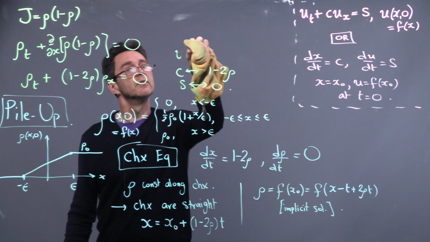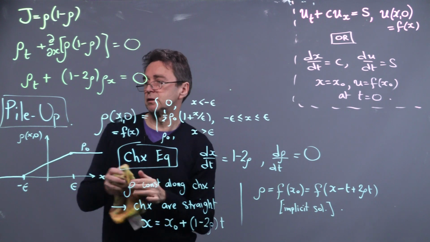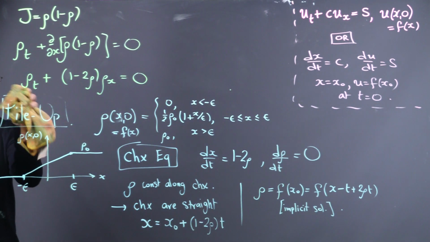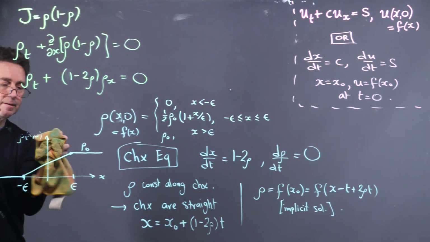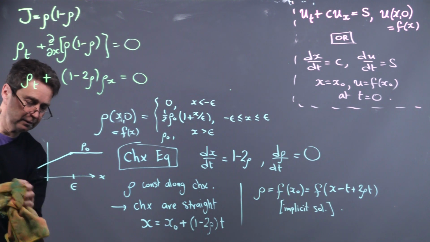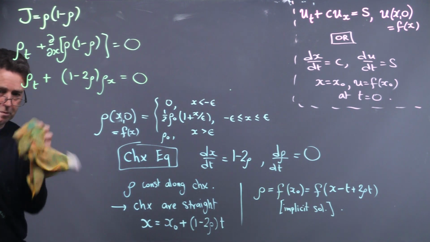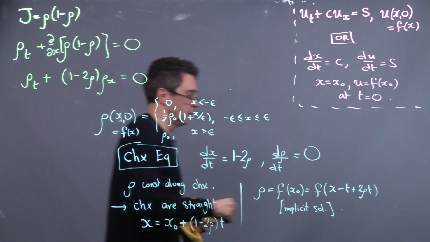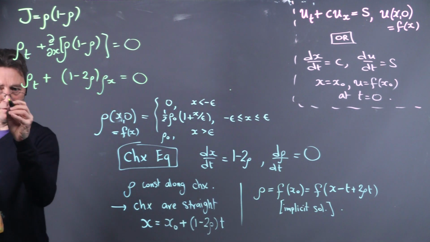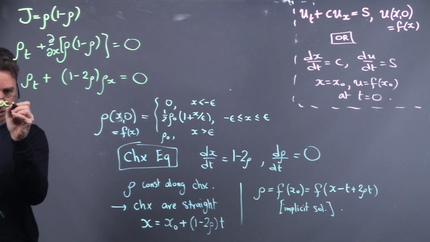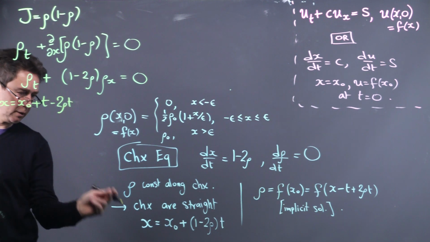Okay, so we'll get rid of this. Let's get rid of my sketch and everything. So what I'll do is I'll put up here some essential details that I'll keep for later. So what should we keep? Well, it'd be good to keep some of this stuff. So we've got x is x0 plus t minus 2 rho t.